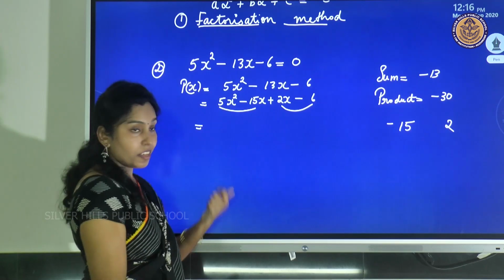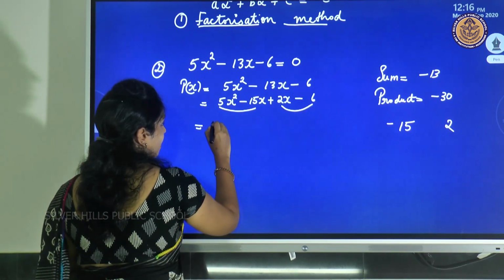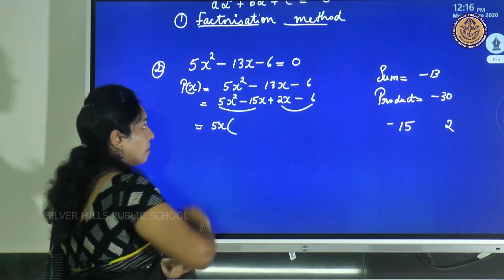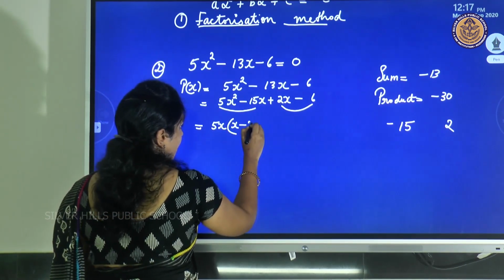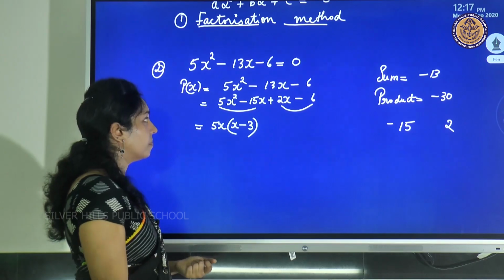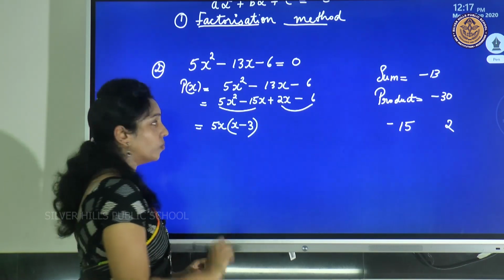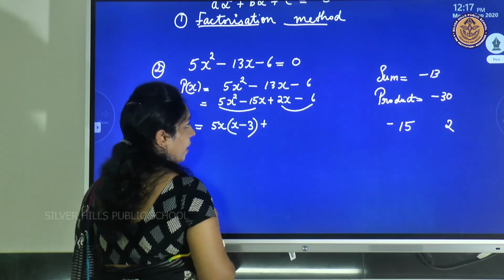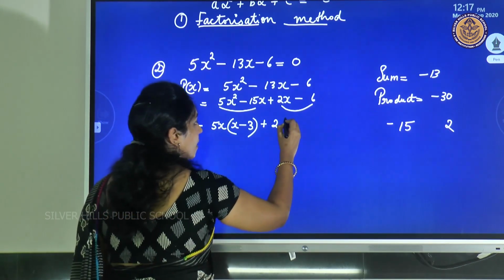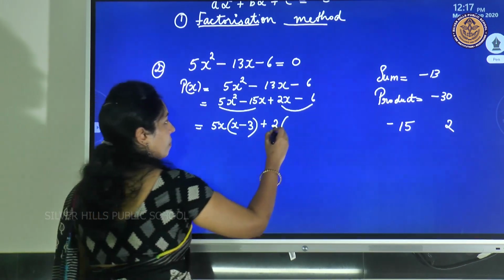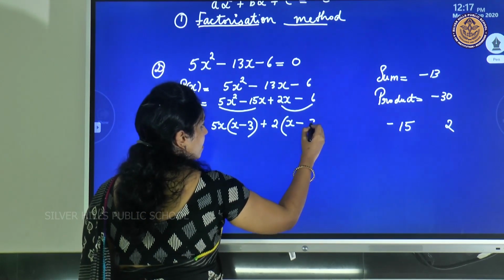What is common in these two? It's 5x. Inside the bracket you have x minus 3. When you combine the last two, what is common there? You have just 2 common which you took outside, and inside the bracket remains x minus 3.